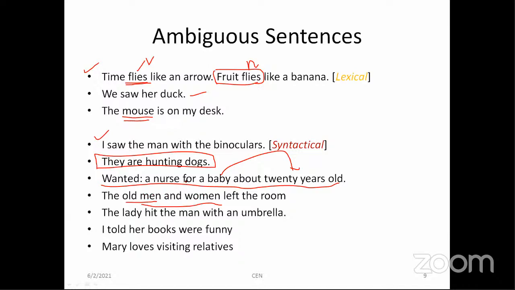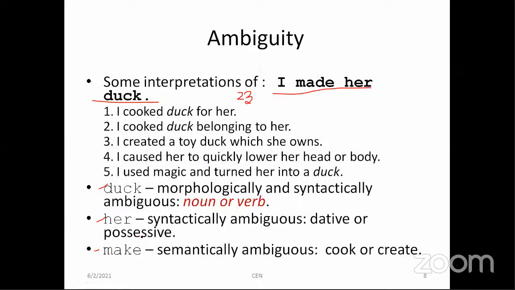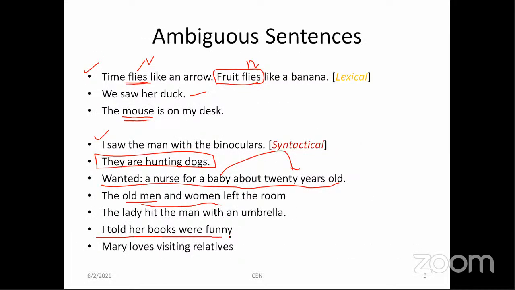The next one is the same thing we have seen, like I saw the man. The lady hit the man with the number lock. The next one: I told her books were funny. Two meanings: I told her books are funny, or I told her books were funny. Yeah, exactly correct.